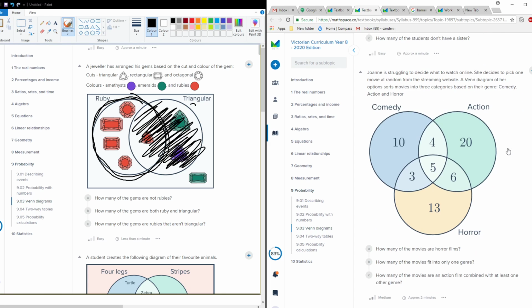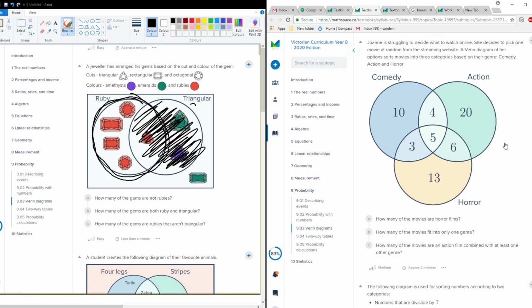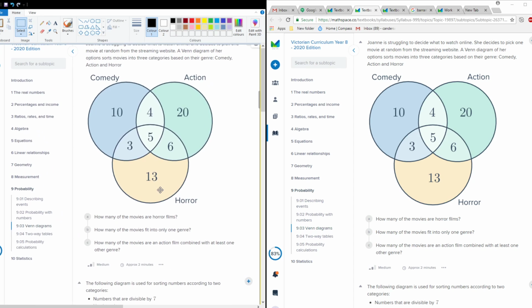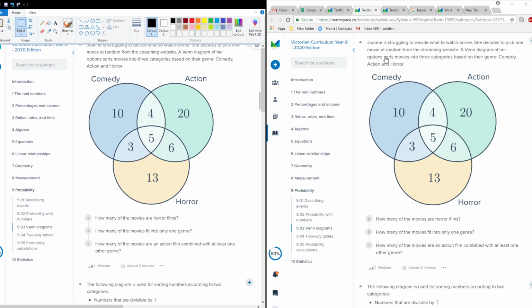So let's have a look at this 3 Venn diagram. So this one has a bunch of movies that are classified into their genres. So these ones here, they're action movies.